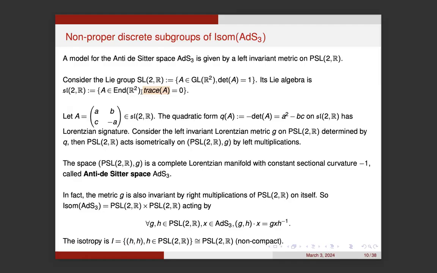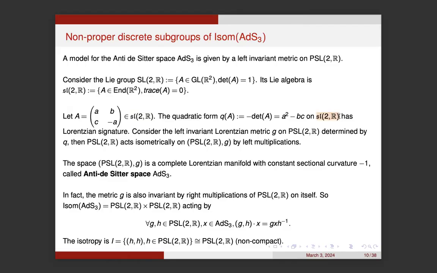So consider a matrix A in the Lie algebra of SL(2,R). You can think of A as a vector in the tangent space of the Lie group at the identity. Consider the quadratic form given by minus the determinant of A, which is a squared minus bc. This quadratic form on this space has a Lorentzian signature.